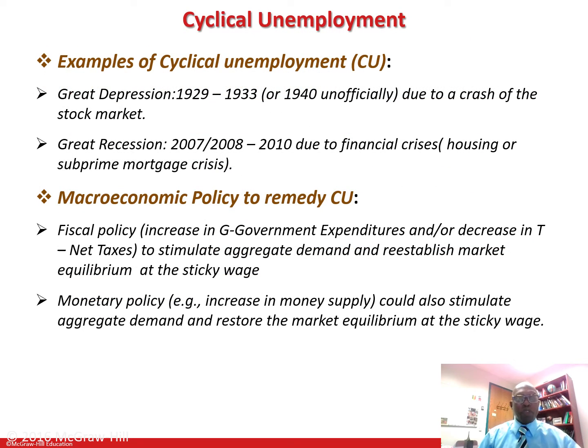Now, let's provide some examples of cyclical unemployment. The first example is the Great Depression from 1929 to 1933, officially or unofficially up to 1940, at the beginning of World War II, due to the crash of the stock market.